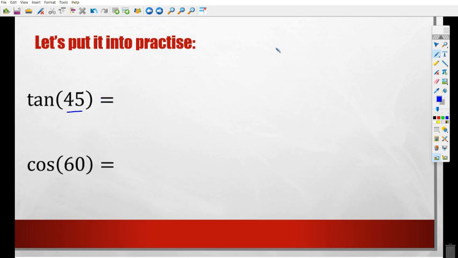So you can draw your nice triangle. We know the 45, because I watched the math dog. You've got the 90 there, the 45 and the 45, 1, 1, and the square root of 2. Nice and easy. You should be able to draw that as fast as I did eventually. So tan of 45, we know it's opposite over adjacent, which is 1 over 1, which is just 1.